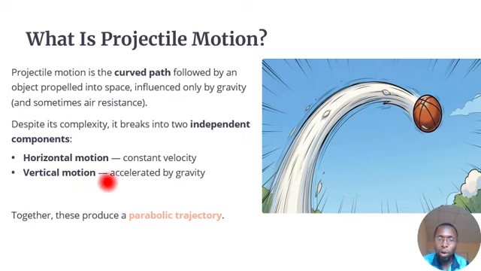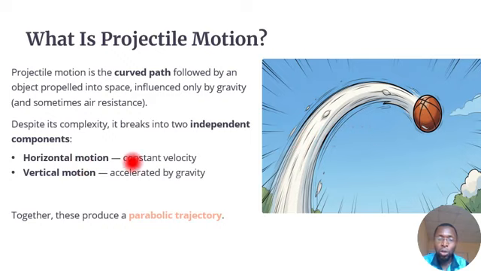In the vertical motion part, we believe that it is accelerated by gravity. When an object keeps moving up, the motion of that object is opposed by gravity. But if an object is moving horizontally, then we believe that the velocity of that object is the same, meaning the velocity is not changing. So those two concepts are important.